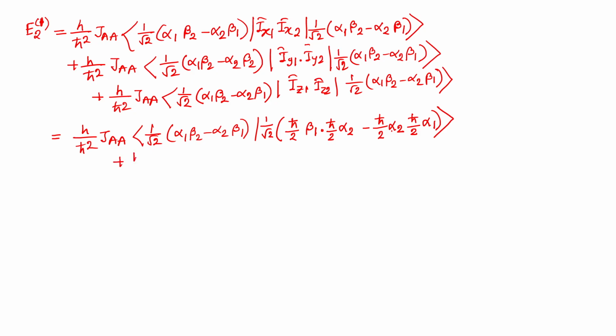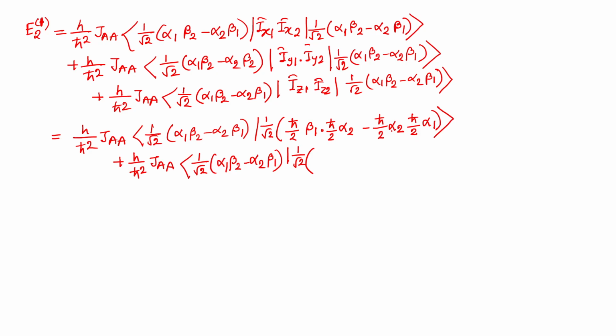And what will be the next one? H by h cut square J_A. I_y1 will work on alpha 1 to give you iħ by 2 beta 1.